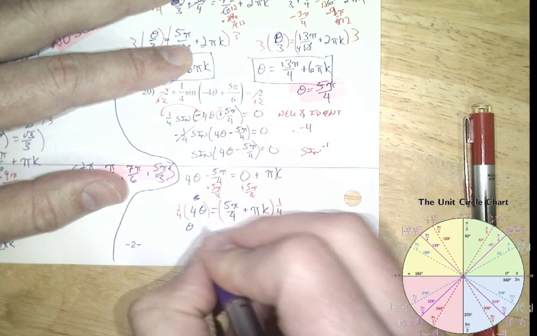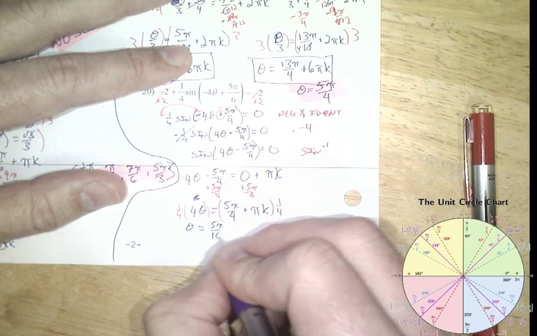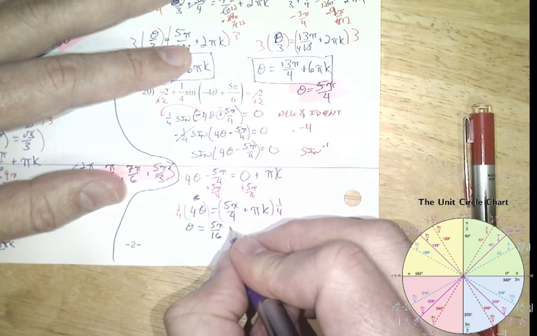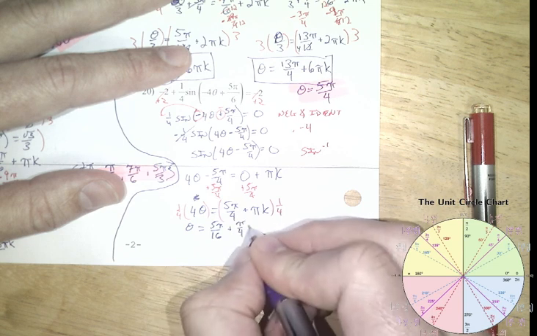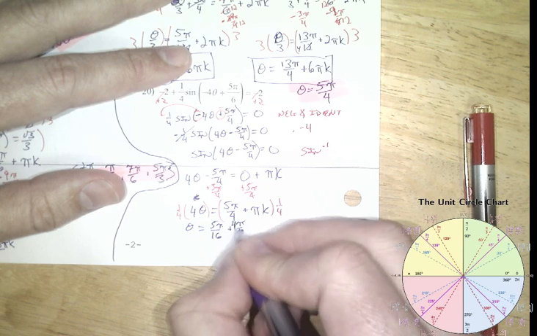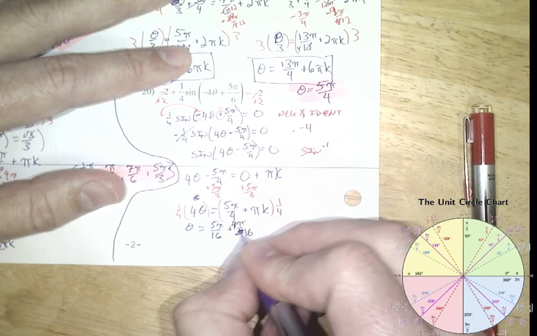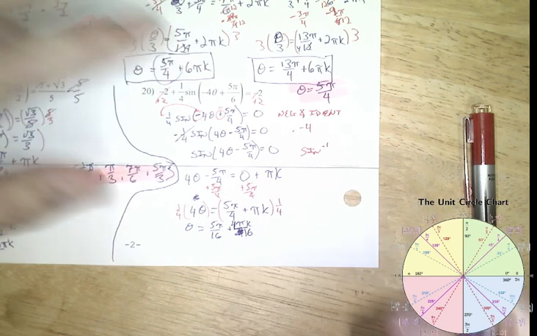So we get theta is equal to 5 pi over 16 plus pi over 4 k. We're going to make this 4 pi over 16, so they have common denominators, plus 4 pi k over 16.